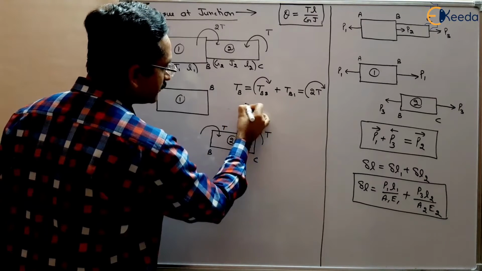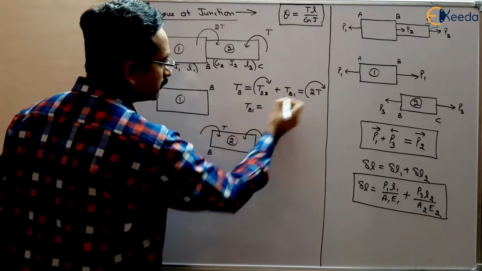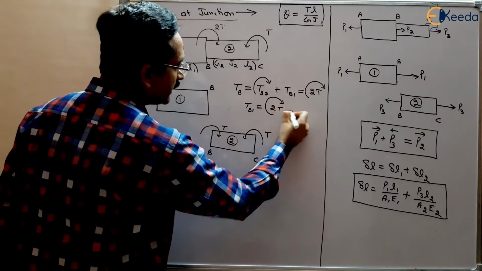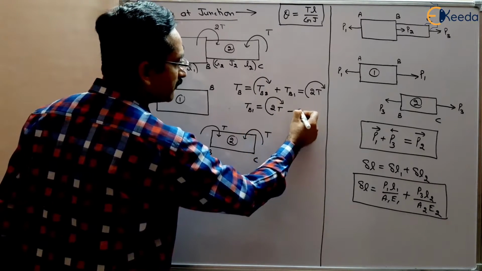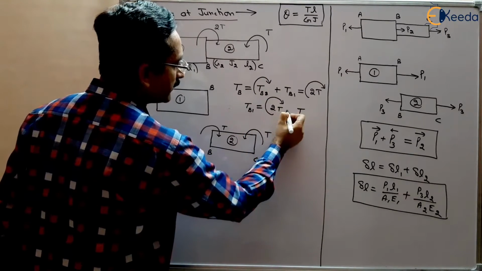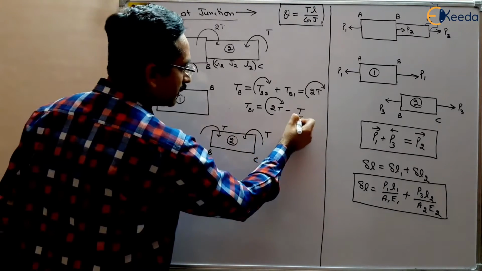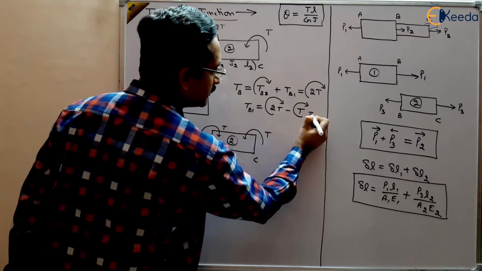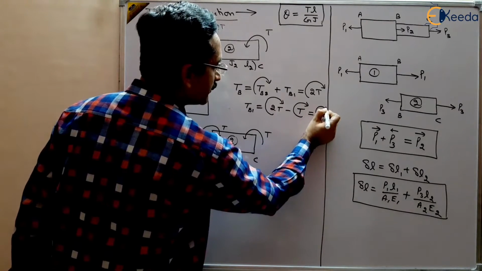So TB at part 1 should be equal to 2T clockwise minus this T clockwise, which we have already applied at this part. So 2T clockwise minus T clockwise should be equal to T clockwise, right?